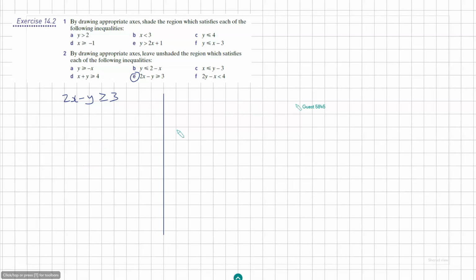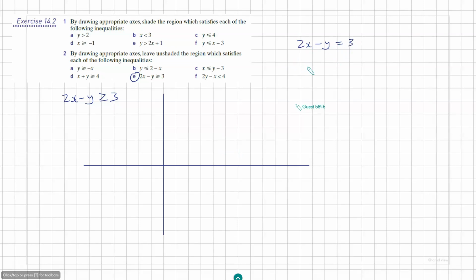Not really necessary, you don't really need to move anything. You just make the table for 2x minus y equal to 3.